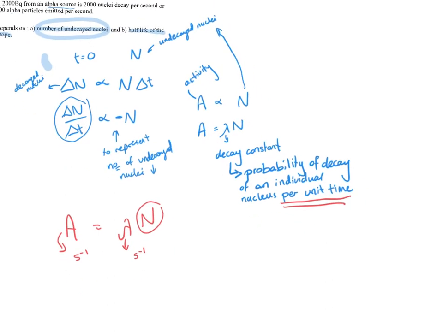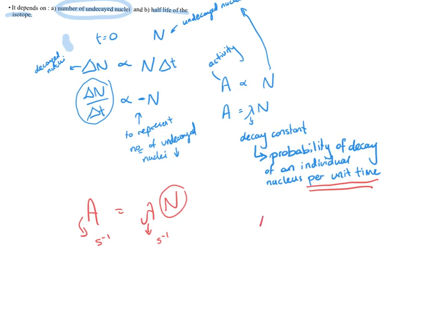In the actual exams, you will be given both this equation and this equation. I will go a little bit more into detail after that, but you definitely should be able to understand what each one means and how to use each one.